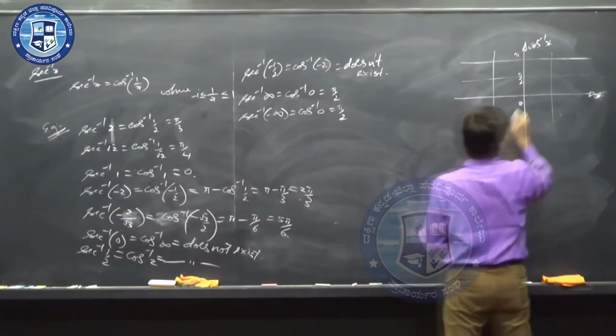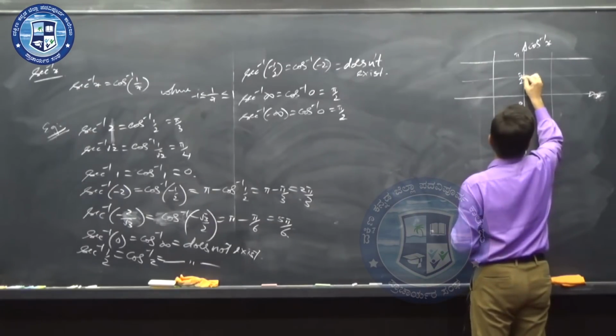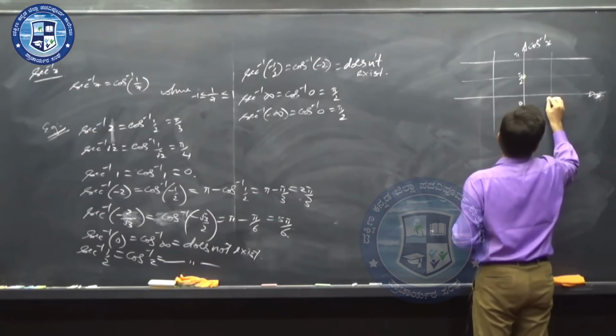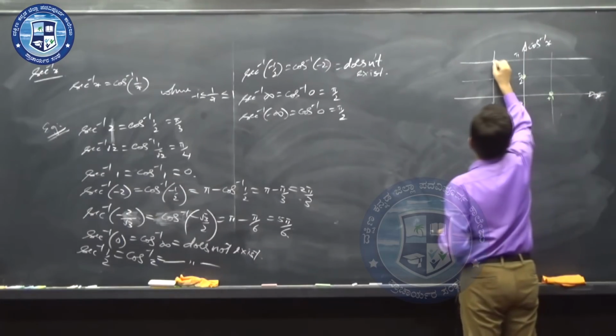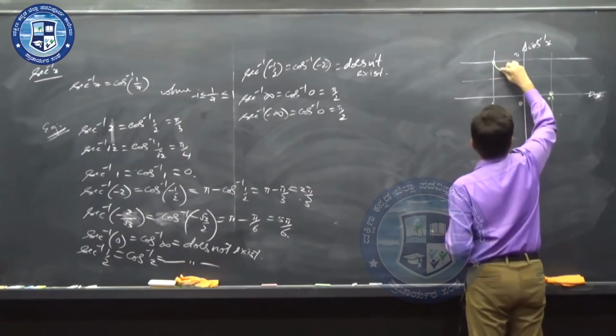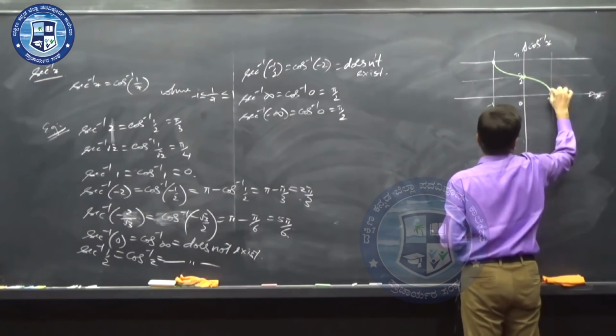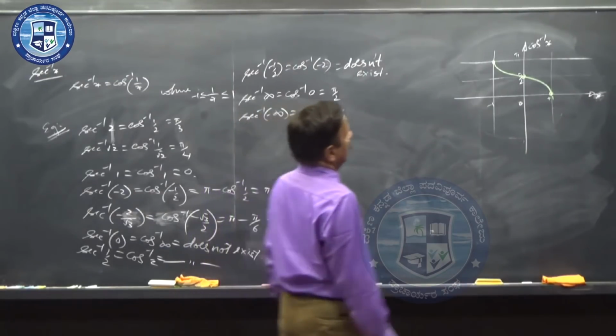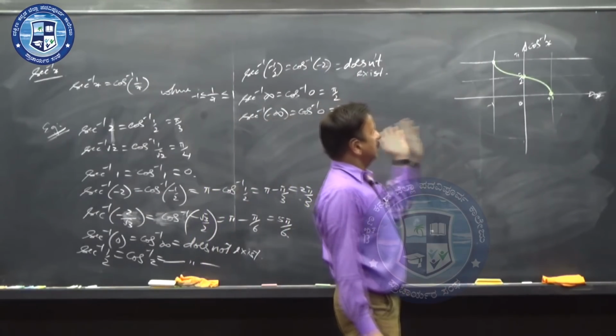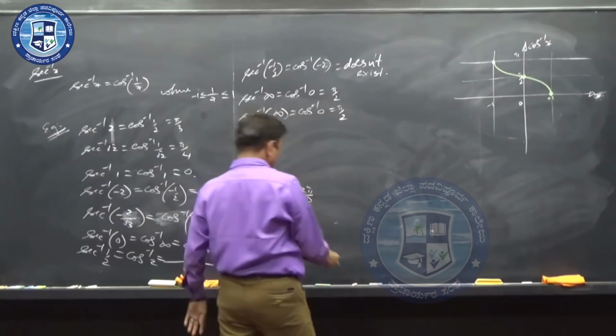Cos inverse 0 is pi by 2, cos inverse 1 is 0, and cos inverse minus 1 is pi. You know this particular graph, cos inverse x, where x lies between minus 1 and plus 1.